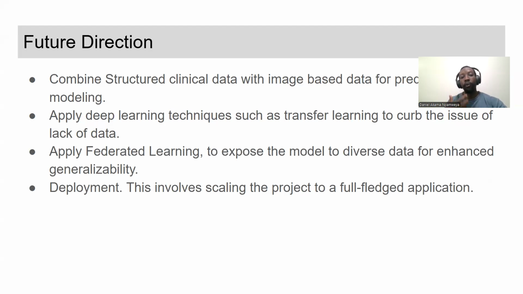But I'd like to explore opportunities where you can combine both and have a holistic view of how to predict pneumonia. Applying techniques such as transfer learning is important to curb the lack of data, where we look for a model that has been trained on a large data set, and find ways of tuning that particular model so that it works with the current data set that we have.